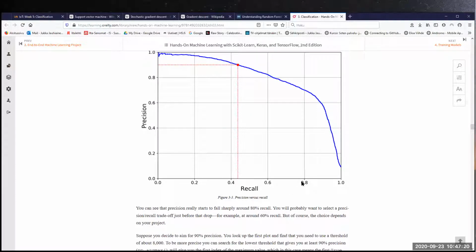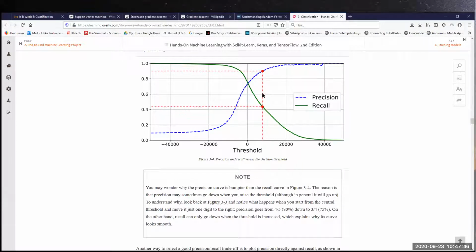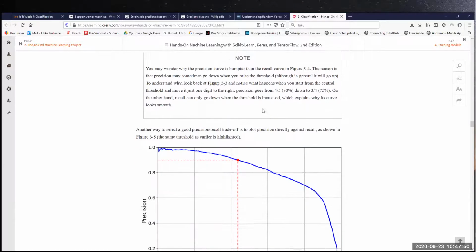So maybe, in this case, if you want to study what the optimum recall is, then it may be around 60, which gives about 80% precision. Here the dotted red line is the same as in the previous plot. So this is the same information plotted in two different ways.